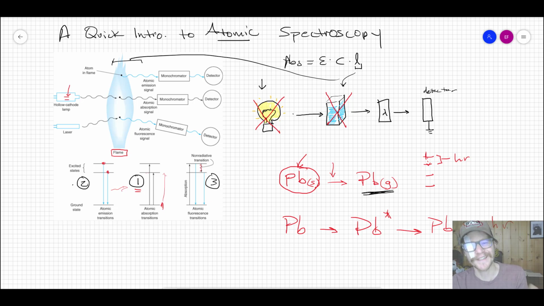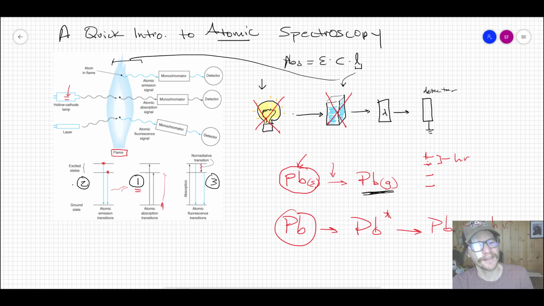And so you're essentially tailoring your absorption measurement to that specific element, which is nice because then you have inherent selectivity where the only thing that should be, and this isn't always true, but ideally the only thing that should be absorbing then is that element if it's inside of the flame.